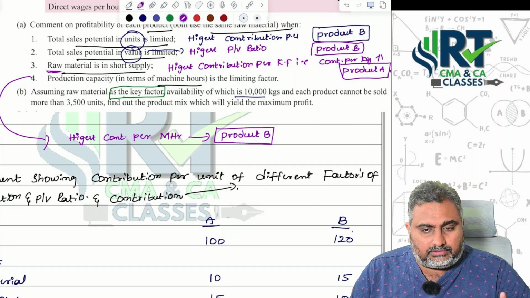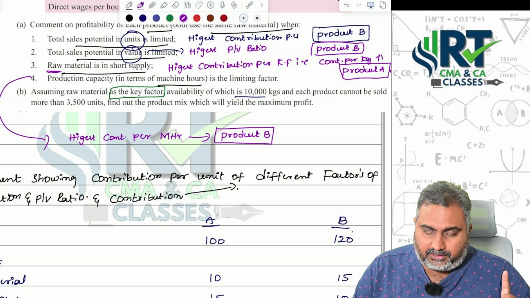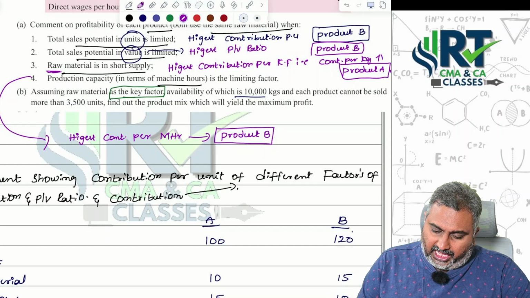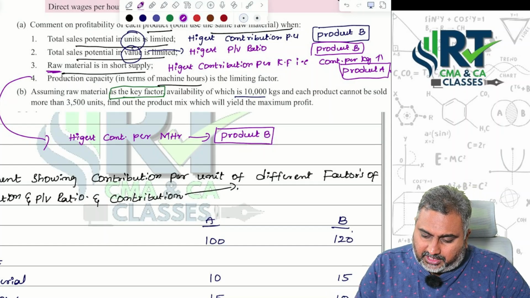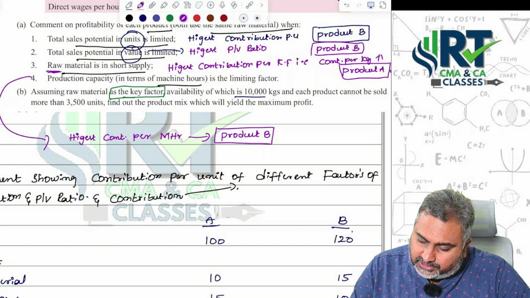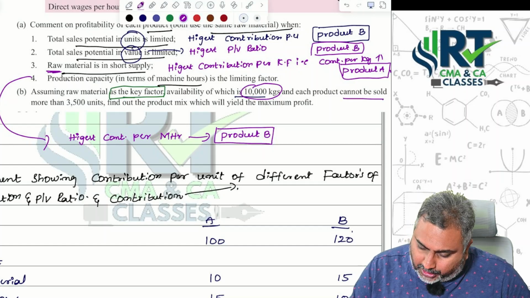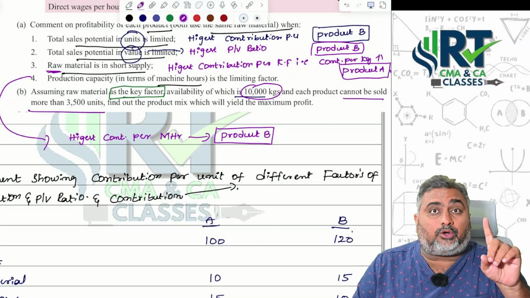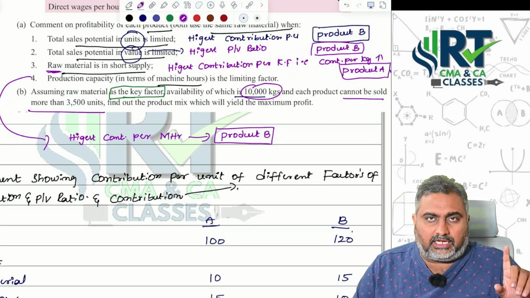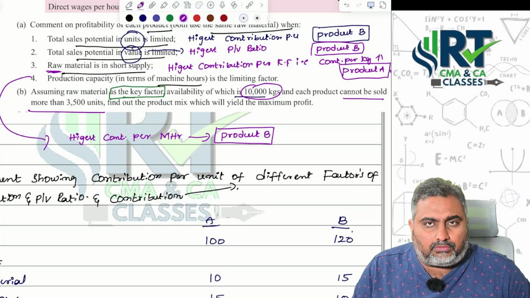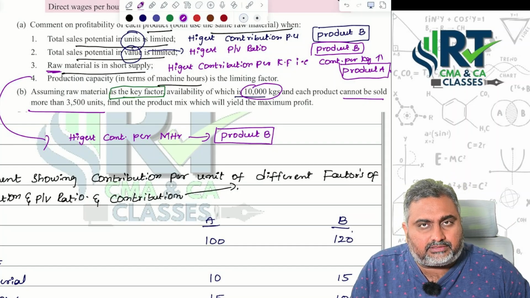So now let's come back to the second point. This is important and crucial. Concentrate. Assuming raw material is the key factor, availability is 10,000 kgs only, and each product cannot be sold more than 3,500 units. Sir, can I assign 10,000 kgs completely to one product which is giving me the highest?